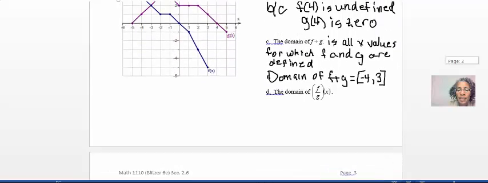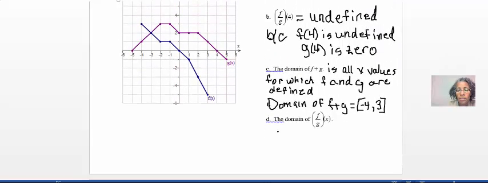All right, let's find the domain of f over g. Now, notice that's going to have to be the same as the domain of f plus g. So all values for which they are both defined and for which g of x is not 0.